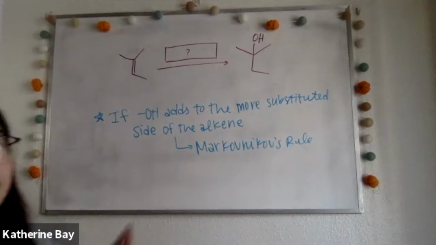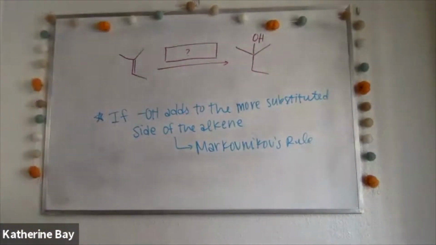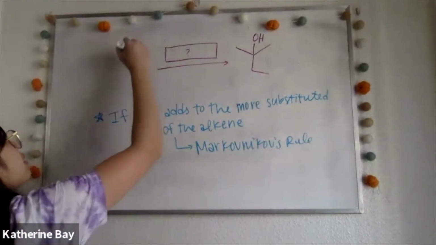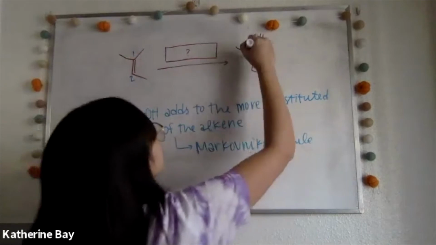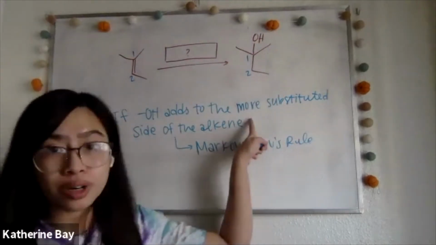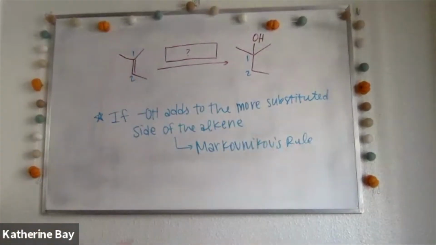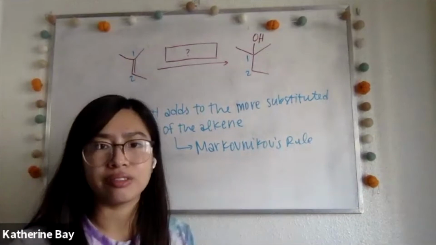So for this example, we're also predicting what reactant would form this product. And in this case, if we label each side of the alkene again, so this is C1 and that's C2, because the alcohol added to the more substituted side of the alkene, in this case C1, this means that this follows Markovnikov's rule.